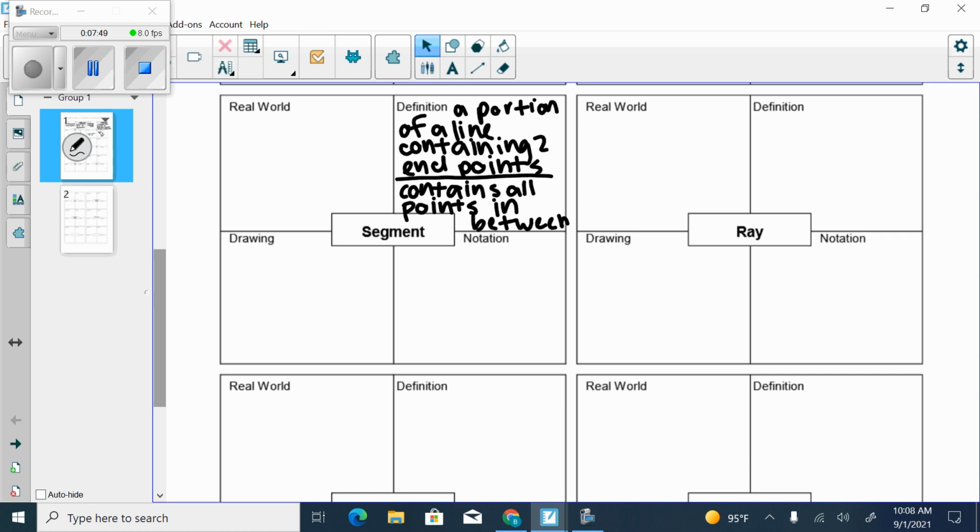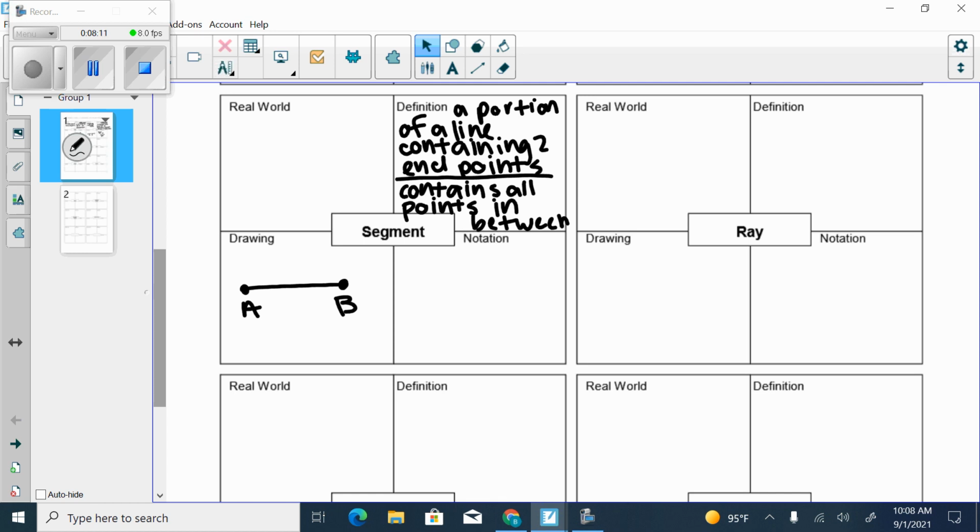All right, so this should look pretty similar to our drawing of a line, but instead of having arrows on the ends, what am I going to have? Points. Okay. And these would most likely have names, like we said.